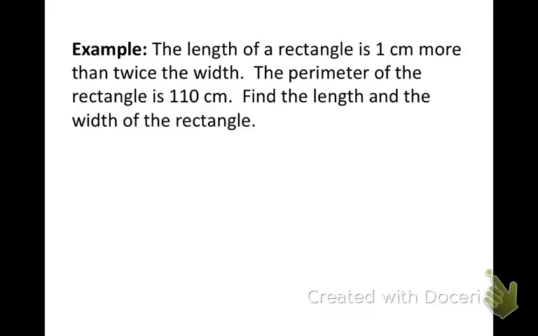And then they're telling us the whole entire perimeter is 110 centimeters. So we need to find the dimensions of that rectangle. Okay, so the length of a rectangle is 1 centimeter more than twice the width. The perimeter of the rectangle is 110 centimeters. Find the length and the width of the rectangle.